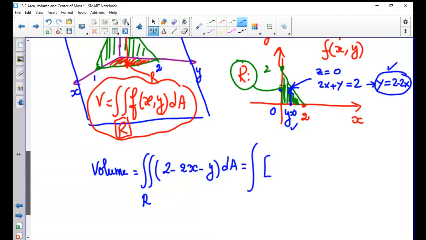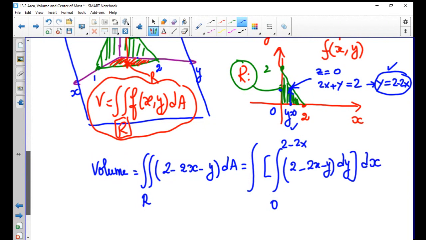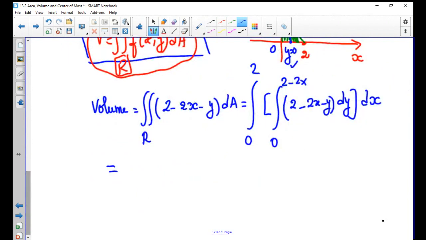So I will integrate this from y equals 0 to y equal 2 minus 2x. So I put 2 minus 2x minus y. So this is integrating with respect to y, and then dx from 0 to 2, like this.